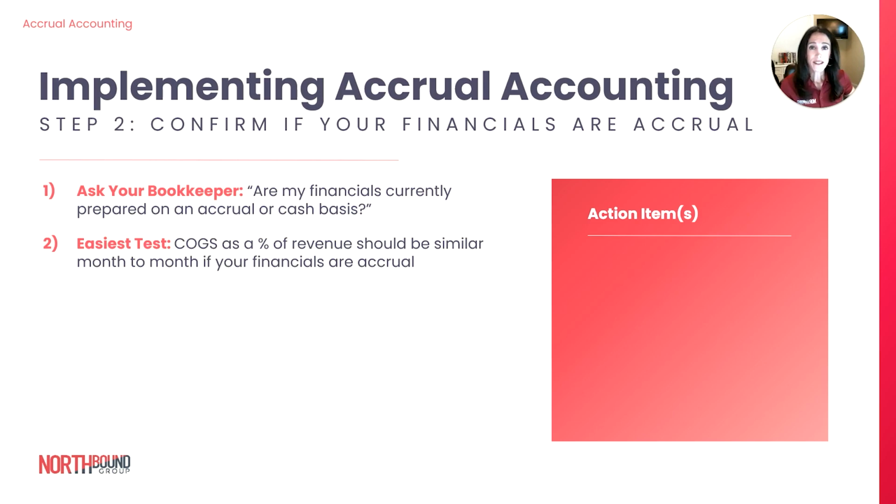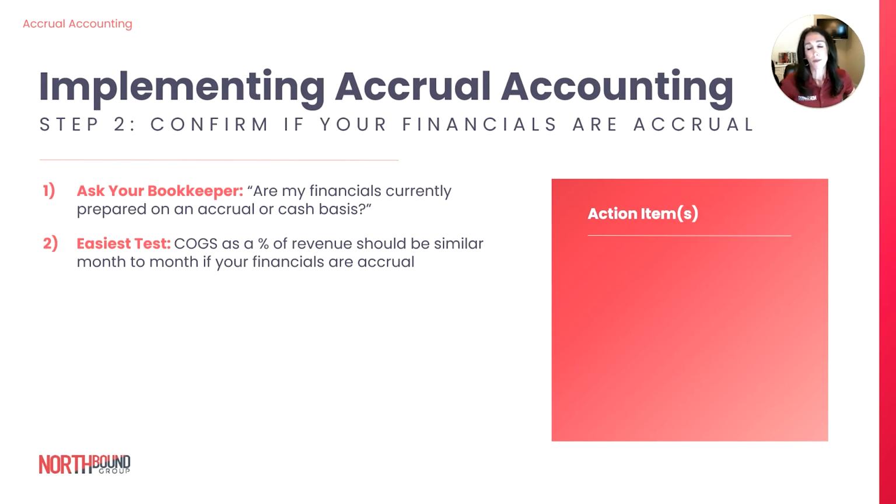But also the easiest test is to make sure that your COGS as a percentage of revenue is similar month after month. If you see in your QuickBooks or your Xero that one month your COGS is 50% of revenue, and then the next month it's 90% of revenue, and then the third month it's 30% of revenue, you know that it's probably not being booked in an accrual format, because when your COGS as a percentage of revenue is all over the charts, there's no accrual format.